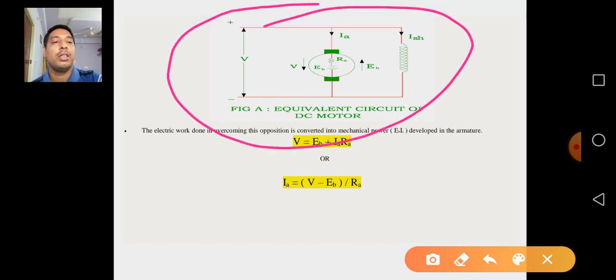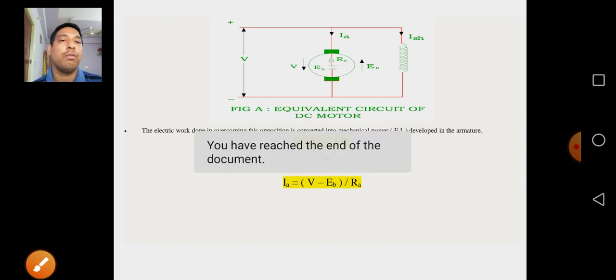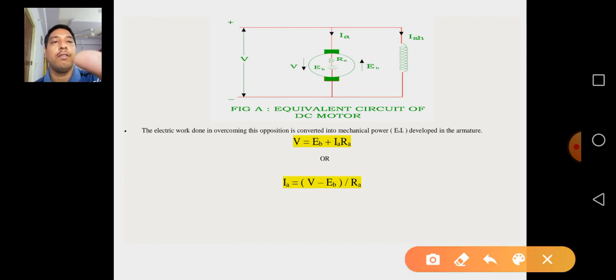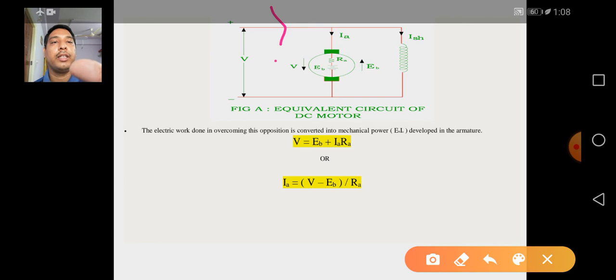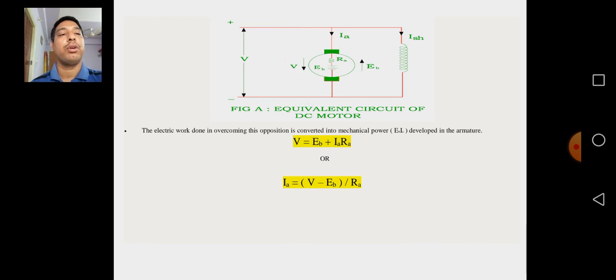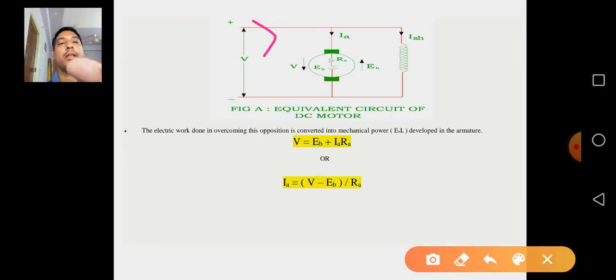In case of a motor we give electrical input, that is V into IL. V is the supply voltage, and this is the value of IL. V into IL is given as input to the motor.